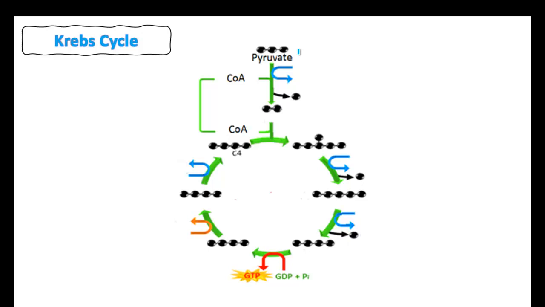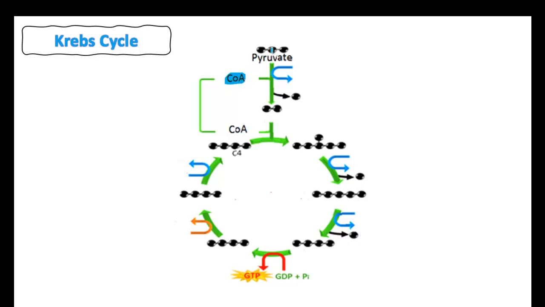Before getting into the Krebs cycle, we have a preparation step where pyruvate, which we are presenting here with its 3 carbon atoms, is going to bind to this new molecule over here, which is coenzyme A.